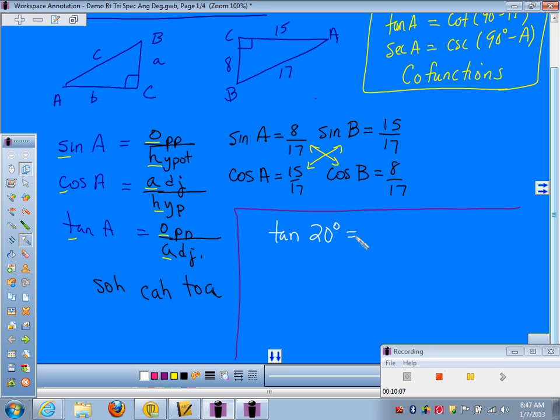So what's the complementary function of tangent? Cotangent. And then what angle would it have to be? Why, she said 70. Where did she get 70? Yeah, 90 minus 20. Take this angle, subtract it from 90. So the tangent of 20 degrees would equal the cotangent of 70 degrees.